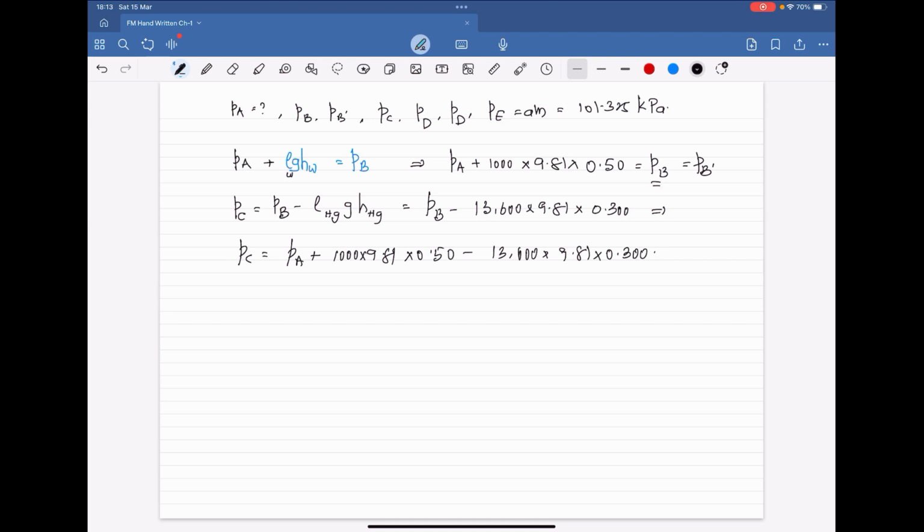This is the value of the air pressure inside the chamber at the point C. Let us say this is equation 1.